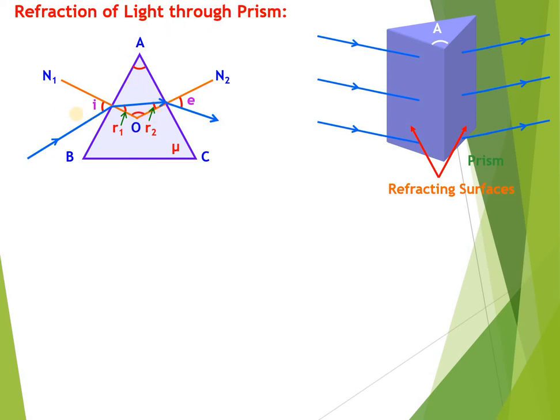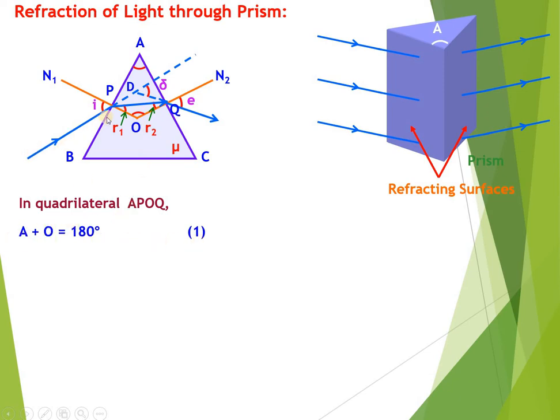Then we can write that in the quadrilateral APOQ, angle A plus angle O should be equal to 180 degrees.